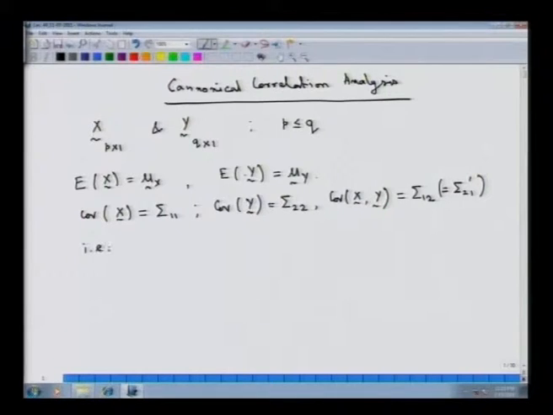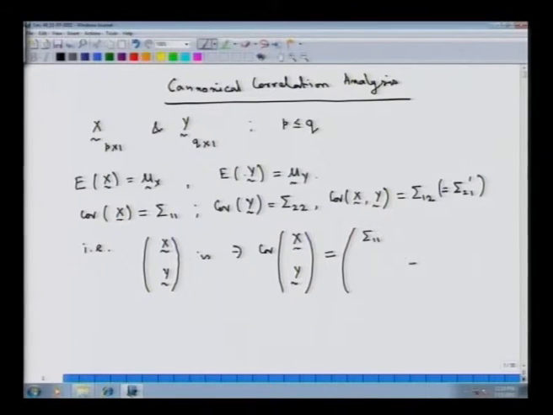That is, if we look at this augmented random vector x augmented with y, this is a p plus q dimensional random vector. This is such that the covariance matrix between x and y is going to be given by the matrix which has sigma 1 1 in the first block, which is of the order of p by p. So, this of course is a p by p matrix, this is a q by q matrix, and this sigma 1 2 is going to be a p by q matrix because it is a covariance between x and y.